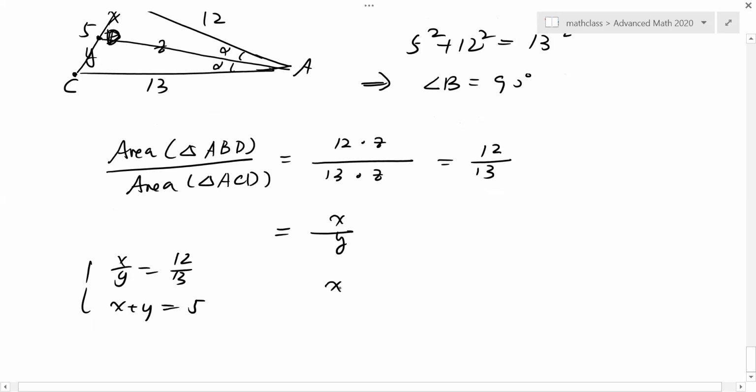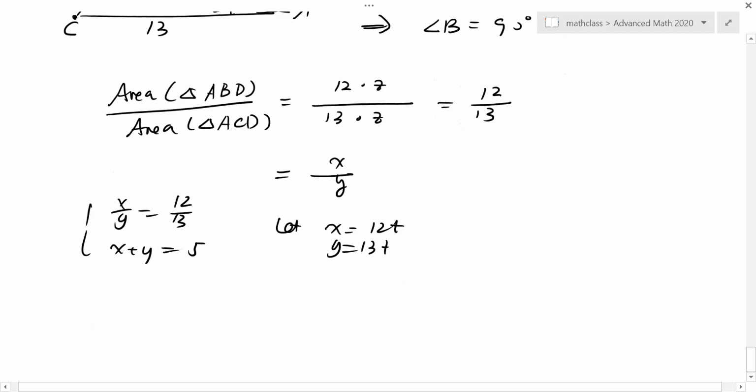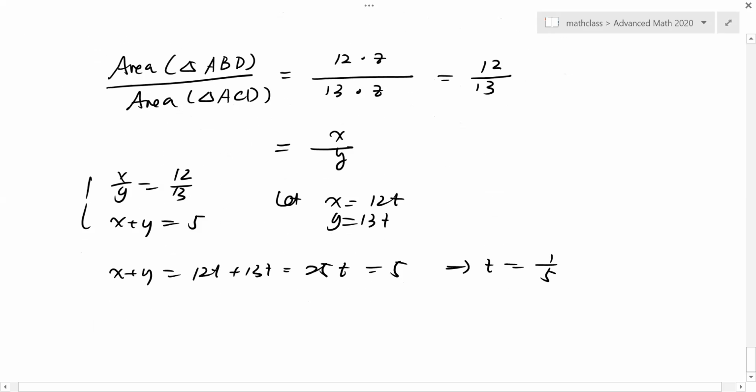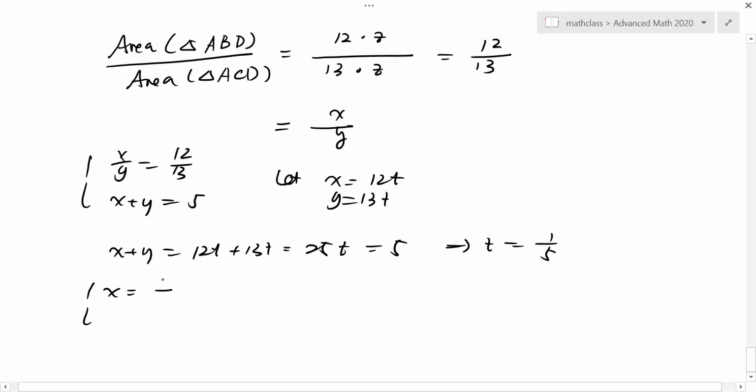You can let X be 12t, Y be 13t. Add them together, X plus Y equals 25t, which is 5. So t is going to be 1 over 5. So then X is going to be 12 over 5, Y equals 13 over 5.